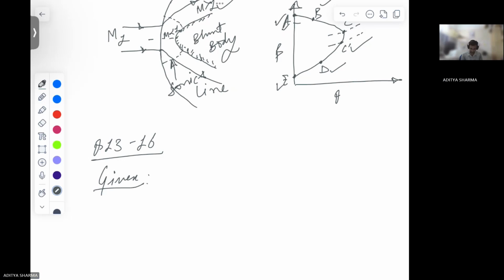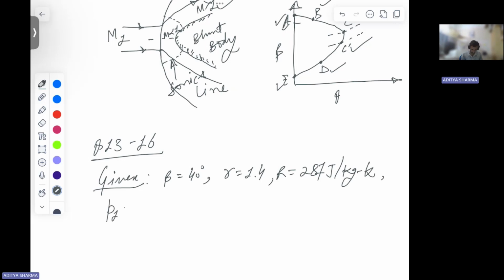V1 is there. Beta is 40 degrees. Gamma is 1.4. R is 287 joule per kg Kelvin. P1 is 98 kilopascal. T1 is 295 Kelvin. And then V1 is 1070 meter per second.